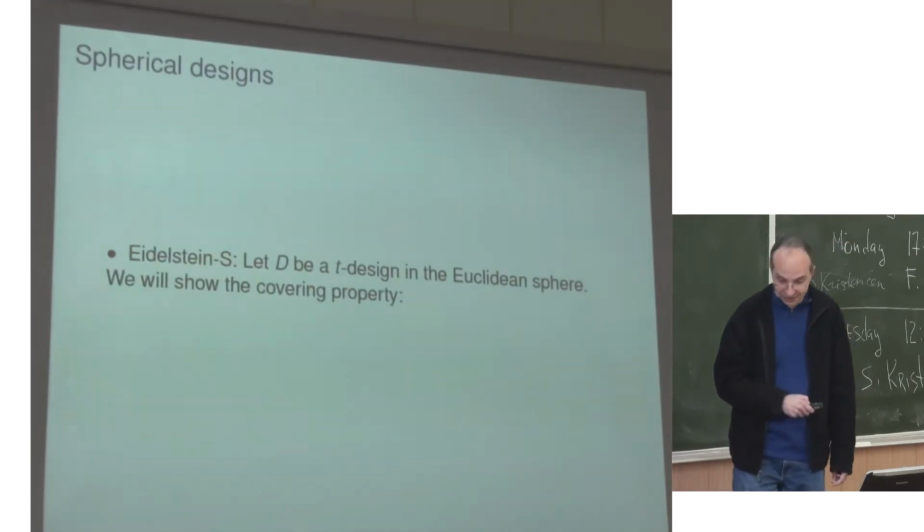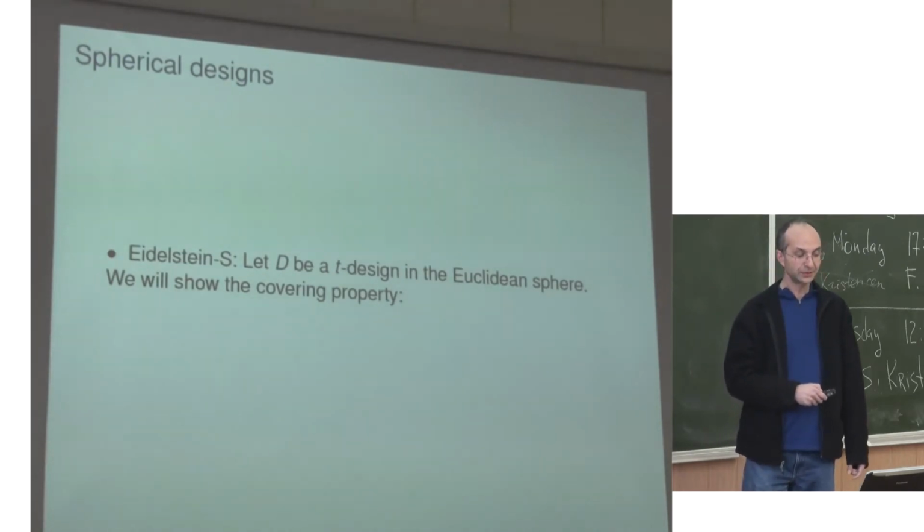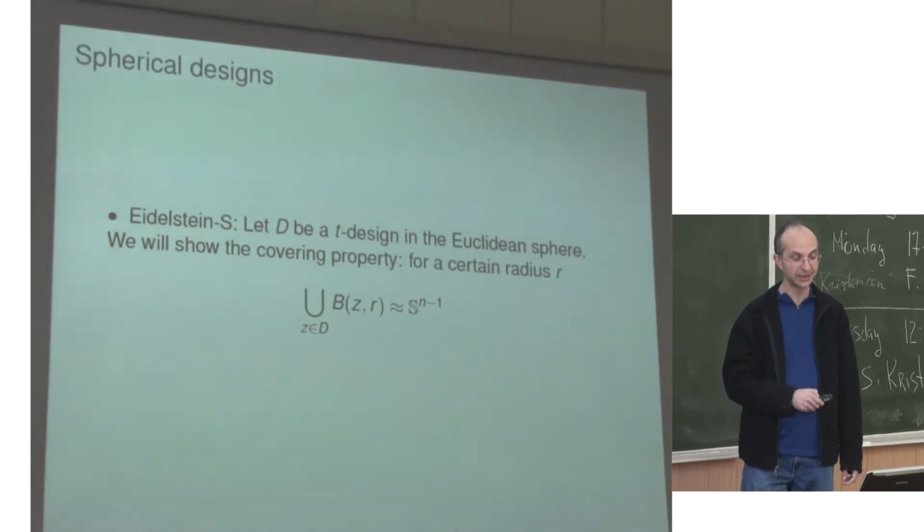This is the last part, and I still have time. So in the remaining part of the talk, let me try and prove to you this best-known bound for the Euclidean sphere using the same argument. I want to show the covering property for a certain radius r.